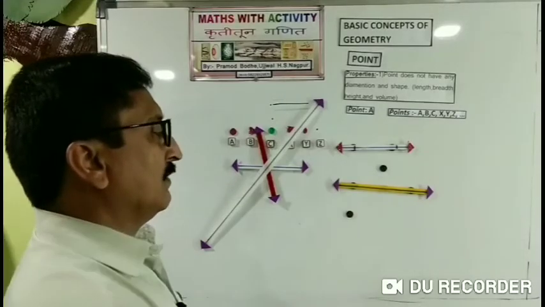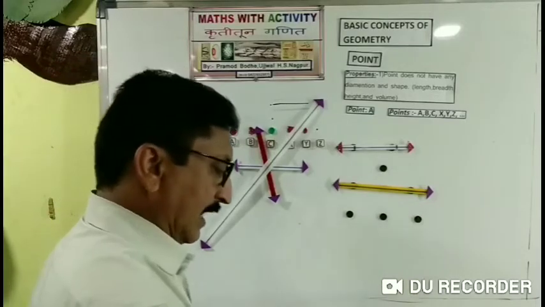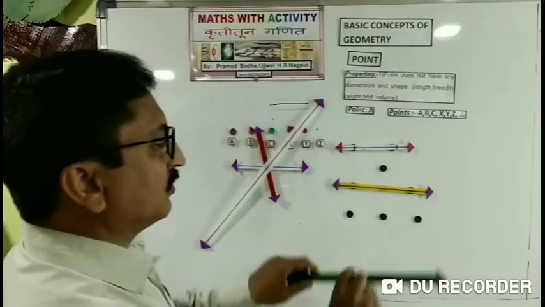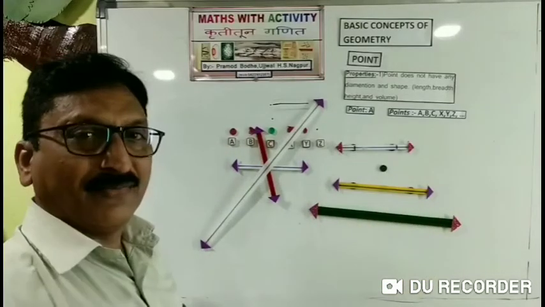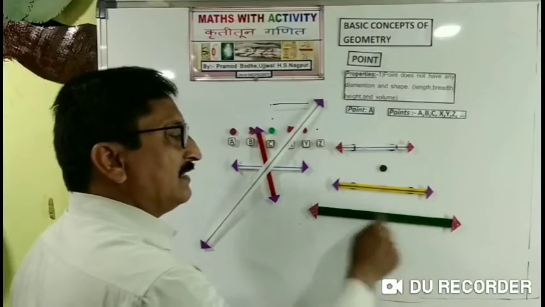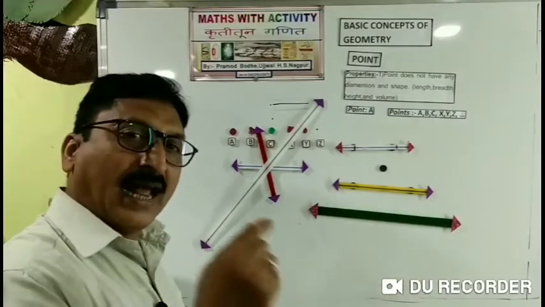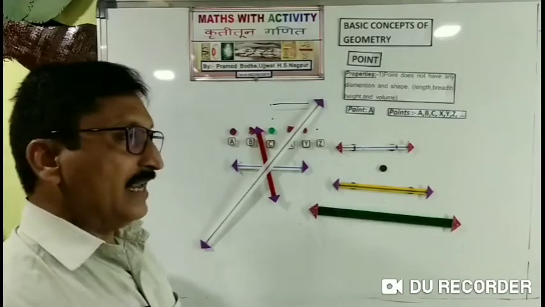See again. These 3 points are on the same line, and then we can say that passing through these 3 points there is one line. That means whenever these points lie on the same line, such points are said to be collinear points.